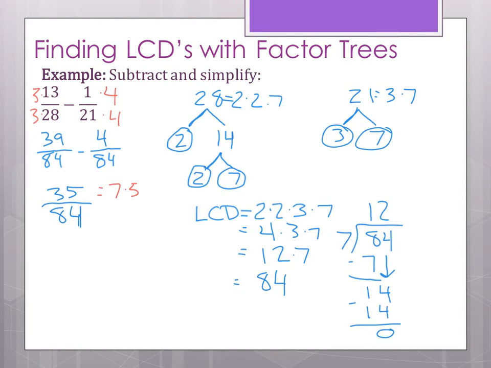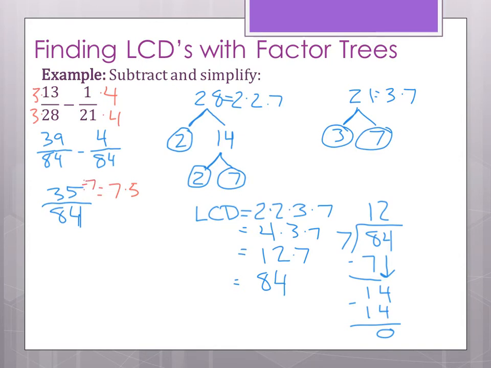Now I knew this before, but I just wanted to show you how to do this if you didn't recognize it. Since 7 was a factor in the list of 84, I knew that 7 would go into it evenly. But if it's not so apparent, then you'll have to do some long division, like this. So that means I'm going to divide the top and the bottom by 7, since they had that in common.